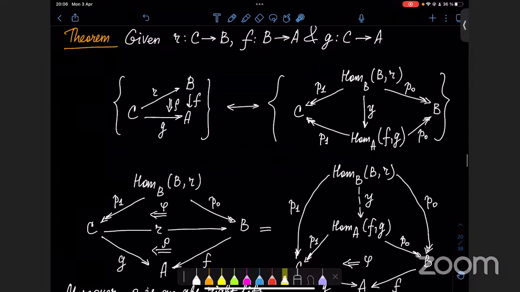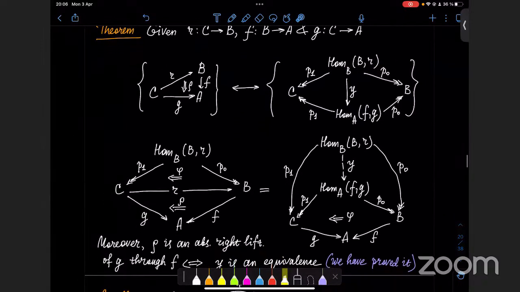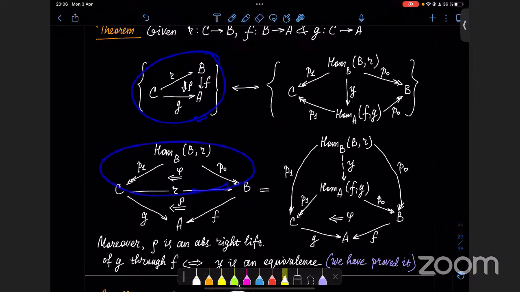And how does it work? So suppose that you have this 2-cell, then you can compose it with the following natural 2-cell phi, and factorize it in the standard way, and you will have this y.